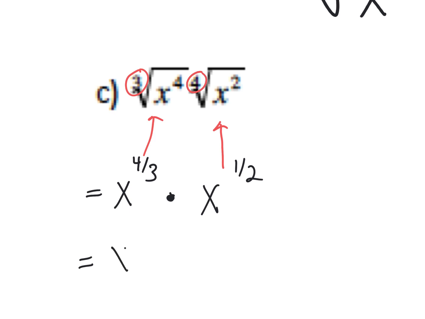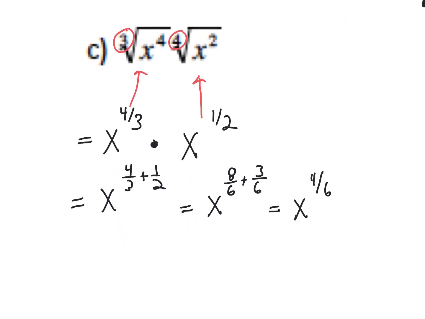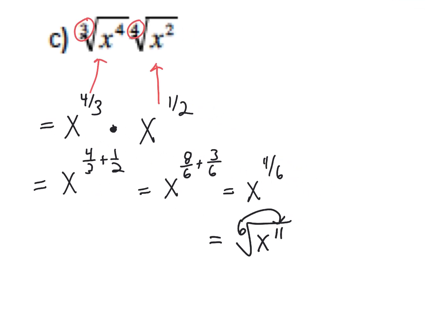And then we just add the exponents together. So you're doing 4/3 plus 1/2. Common denominator would be 6. So top and bottom would be 8/6 plus 3/6. And you get x to the 11/6. Since it said write it as a simplified radical, we're going to take the 6th root of x to the 11th power. And we're going to ask ourselves, how many times does 6 go into 11?